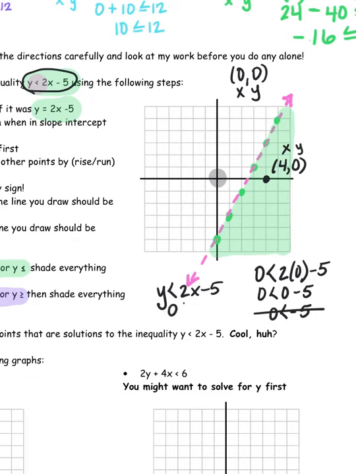So 0 is less than 2 times 4 minus 5. 0 is less than 8 minus 5, and 8 minus 5 is 3. So this says 0 is less than 3. And that is true. 0 is, in fact, less than 3. So it does work on that inequality. Okay?